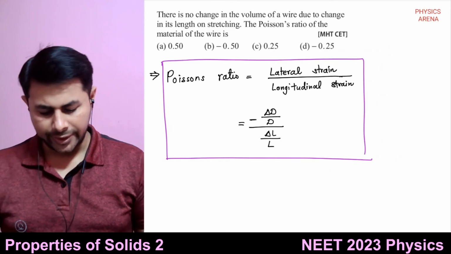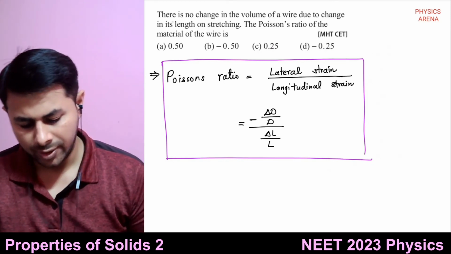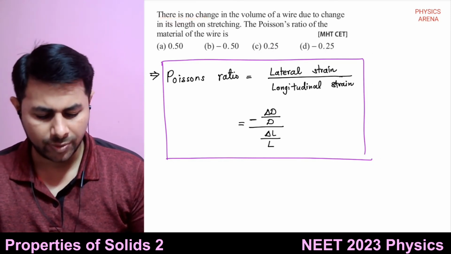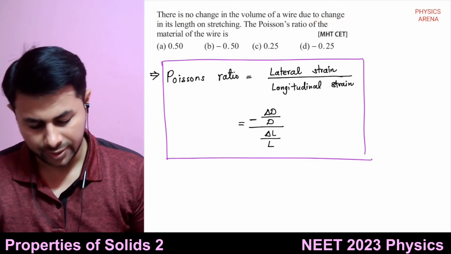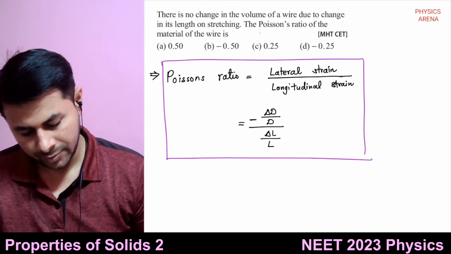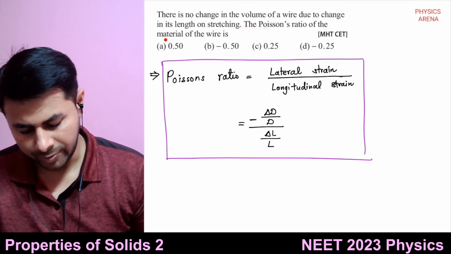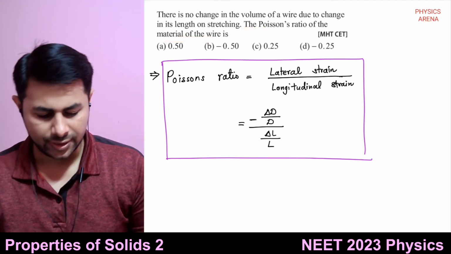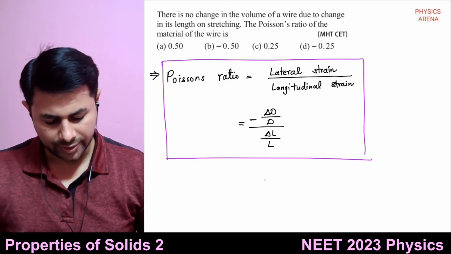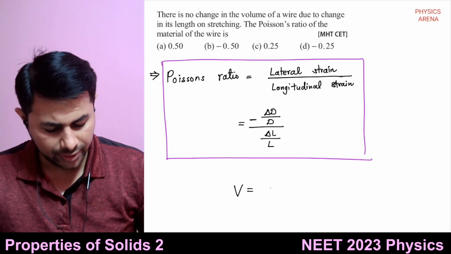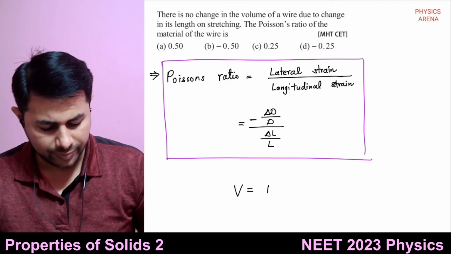All right, so let's see this question. There is no change in volume of the wire due to change in its length on stretching. Volume does not change. The Poisson's ratio of the material of wire is, okay, so volume is constant. Volume can be written as what?